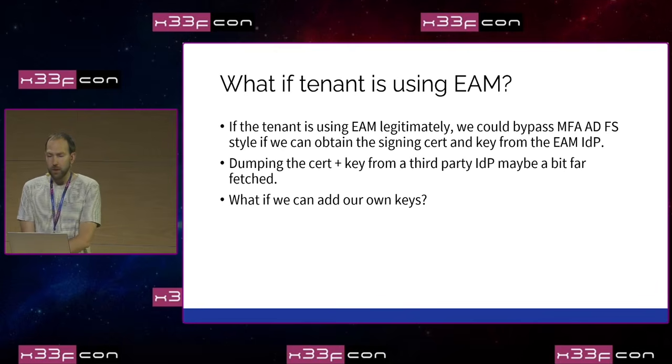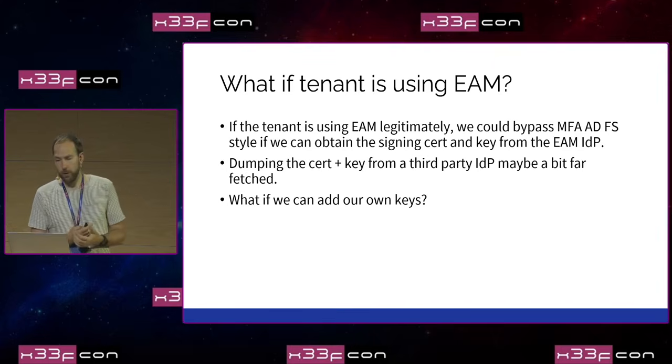So with ADFS, this is quite well known. Like if you dump the token signing keys, you can sign your own tokens, and technically we could do the same thing here. Though I think the chance of me getting like Duo signing keys is hopefully quite low, so that's not really feasible. But maybe what we can do is basically add our own keys to this protocol.